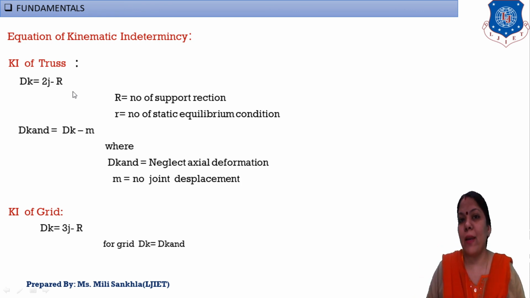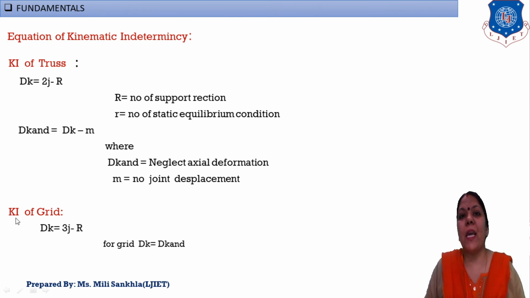Here only 2j minus r, j for joint, r is equal to number of support reactions. And dk NAD is equal to dk minus m, where m is equal to number of displacements of joints. Dk NAD for truss is always 0, and why it is 0, again I will explain at the time of SI and KI.